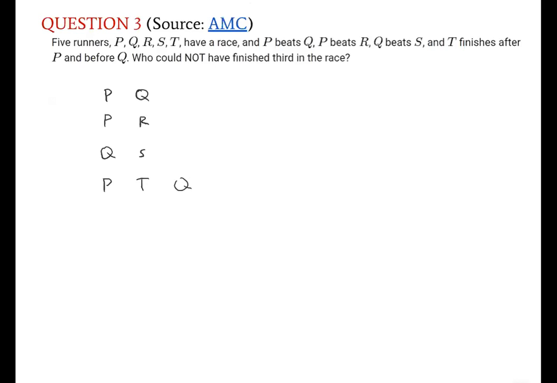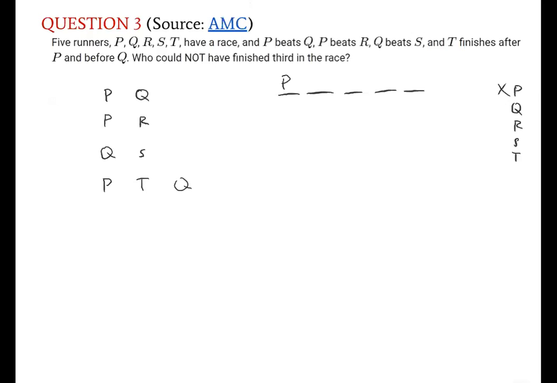So just looking at all the information they give us, we can see that P is not beaten by anyone. So that means that P has to be first. And if we know that P is first, then that means P cannot be third.